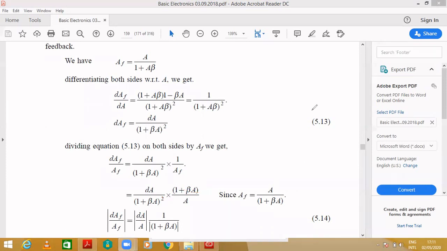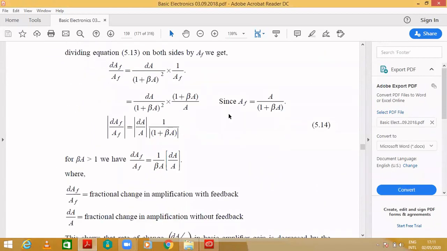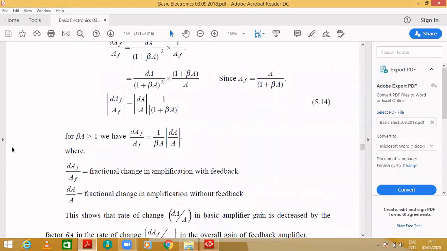Next, we take the magnitude of that. When beta A is much greater than 1, the 1 will be neglected, and only beta A is left. Then dAF by AF is the fractional change in amplification with feedback. We know AF is the gain with feedback, so dAF means a small or fractional change in AF, represented as dAF by AF.